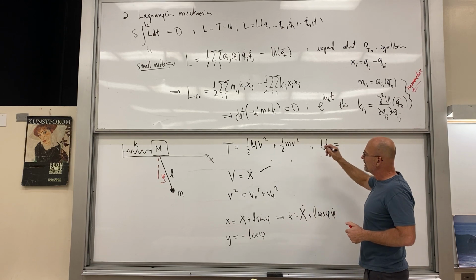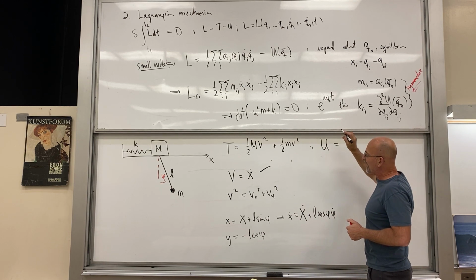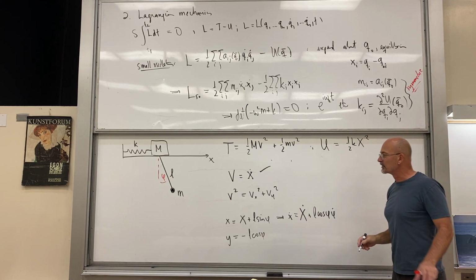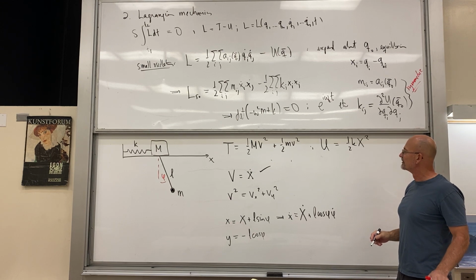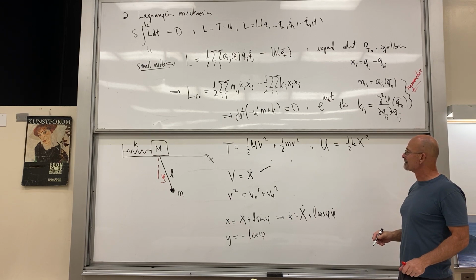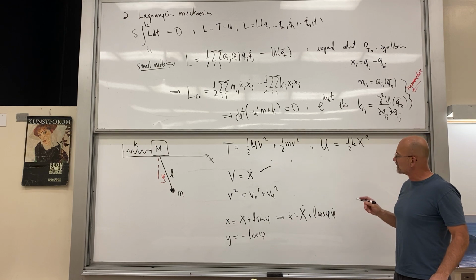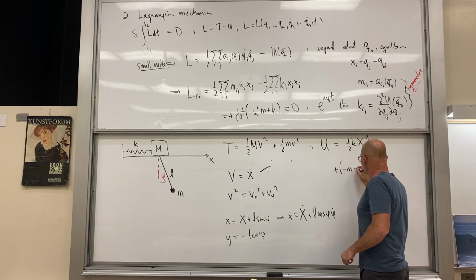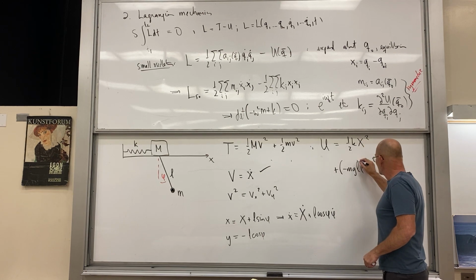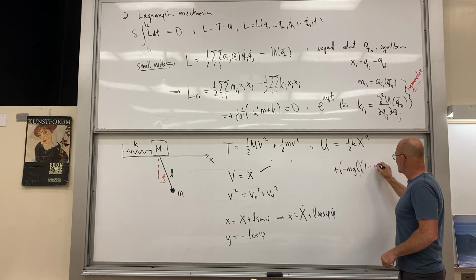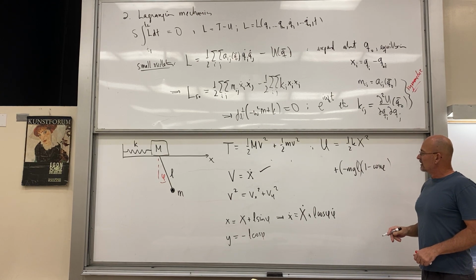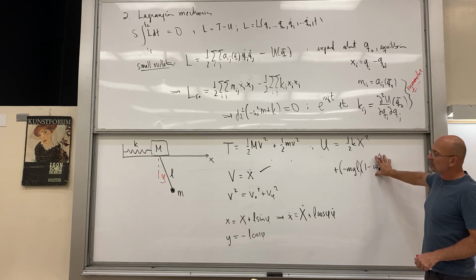Potential energy, you've got a half K capital X squared for the spring. Okay, good enough. And you've also got minus MGL (1 minus cos phi) for the pendulum.